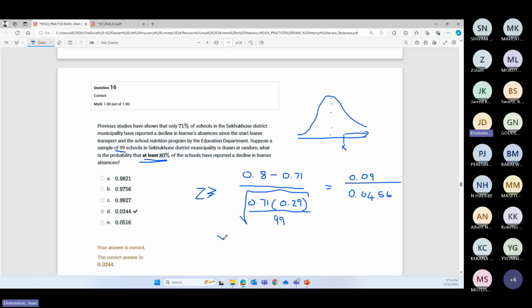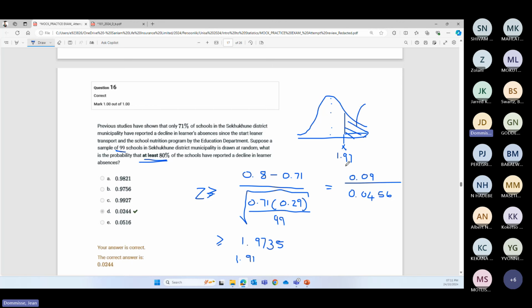So that means that your Z is bigger than or equal to, okay, I get 1.9735. So that, rounded off, will be 1.97. So if that is 1.97, I want that area.